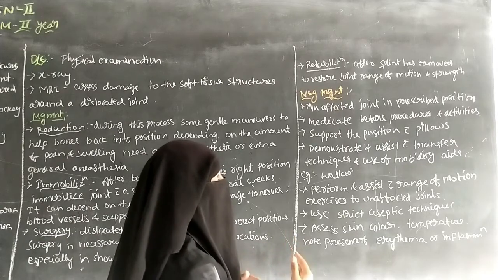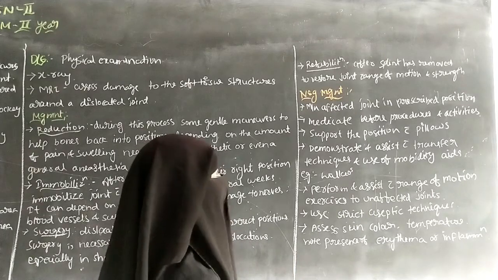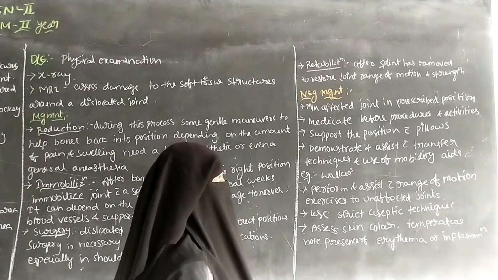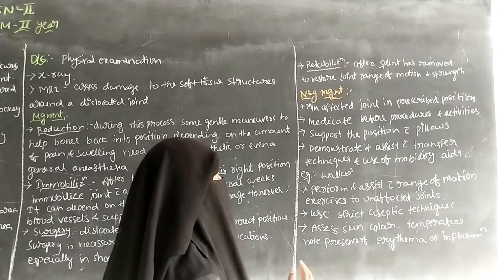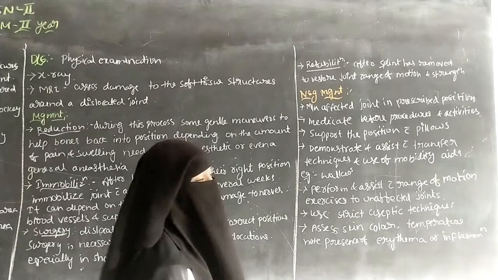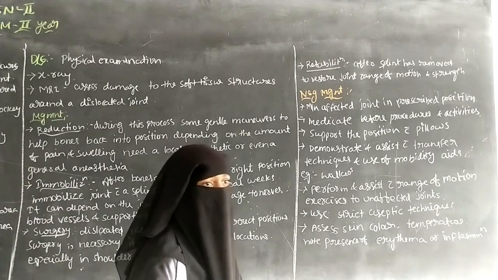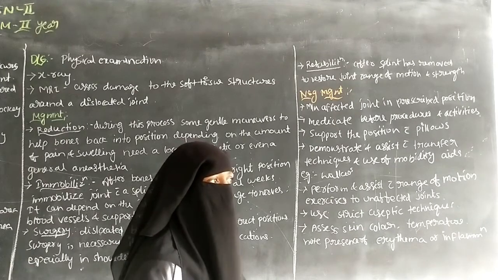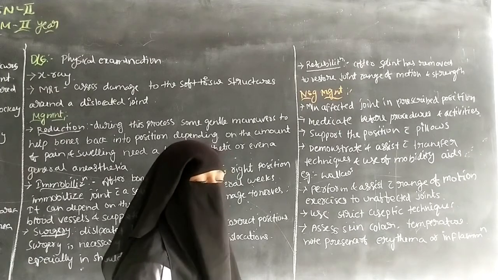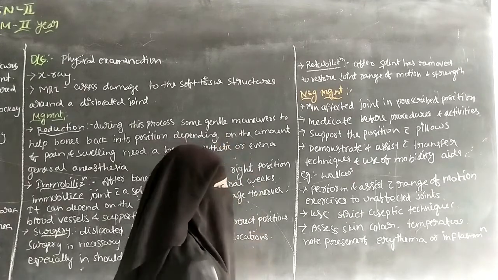After removing the splint, we can restore the joint movement and strength. We can increase the muscle strength and movement of the joint by exercises. So that is about the rehabilitation.